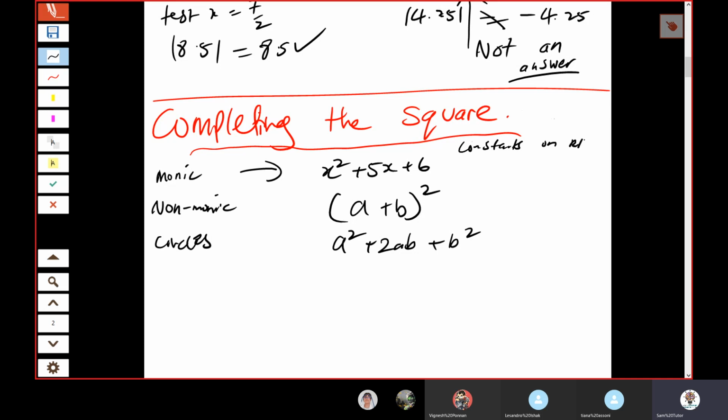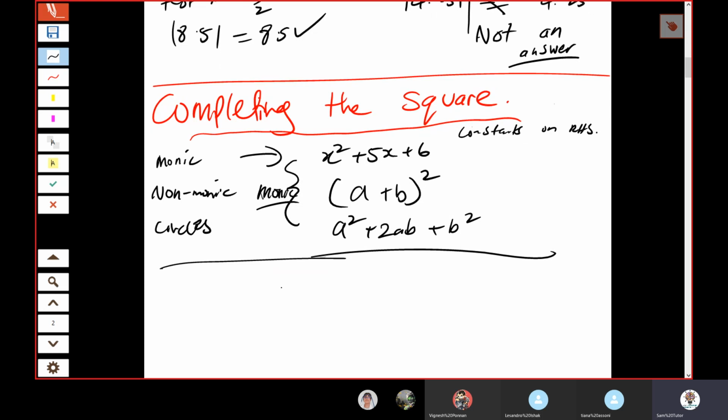So constants on right-hand side, always. So straight away, your next line is, let's get down here, and let's write monic. x squared plus 5x plus 6.